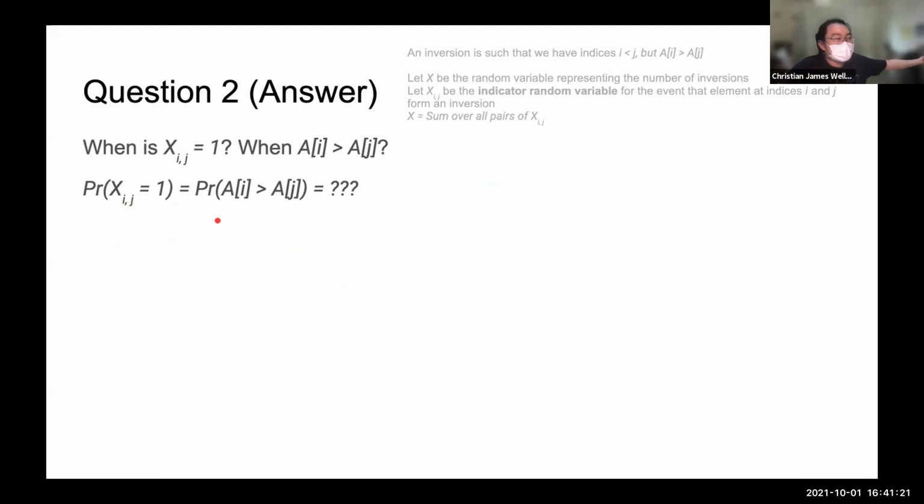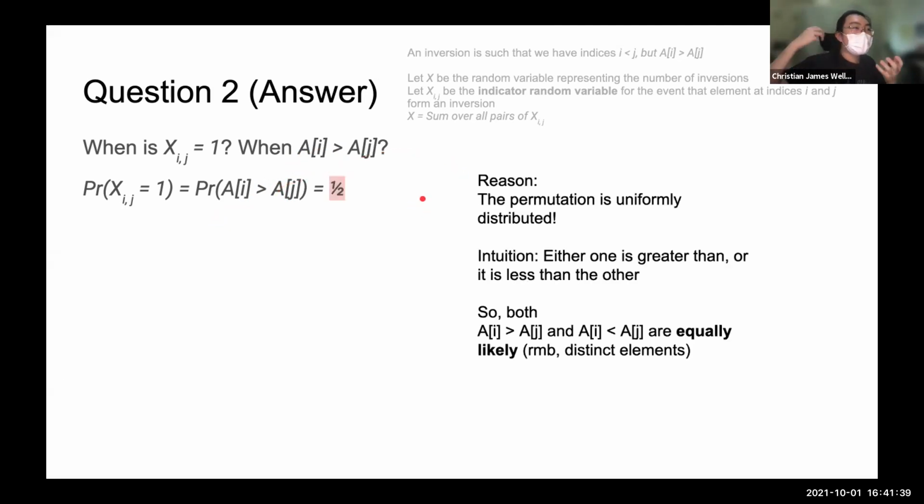Any guesses? I shared the slides already, so maybe you can just shout out the answer. Yes, 0.5 is indeed the probability here. I remember the first time I saw this, I was not convinced. How come it's half? But thinking about it, it makes sense. Remember, your permutation input is uniformly distributed. Any shuffling of the n factorial arrangements can happen.